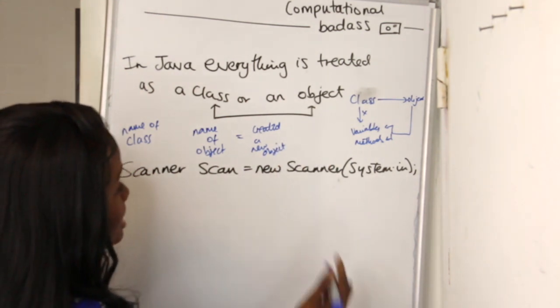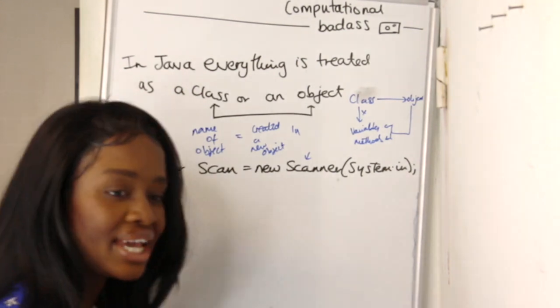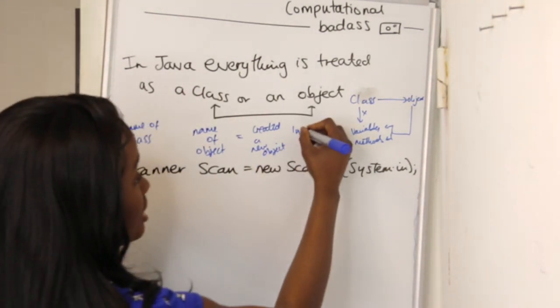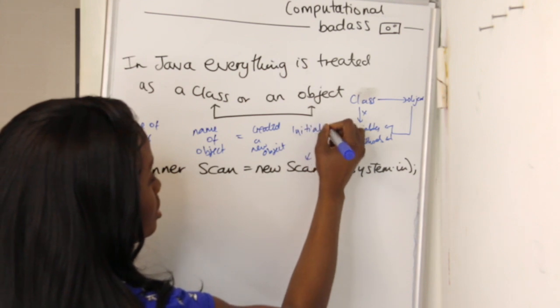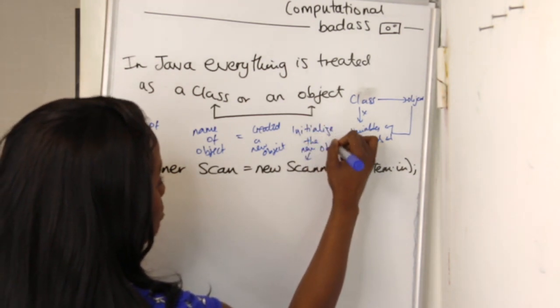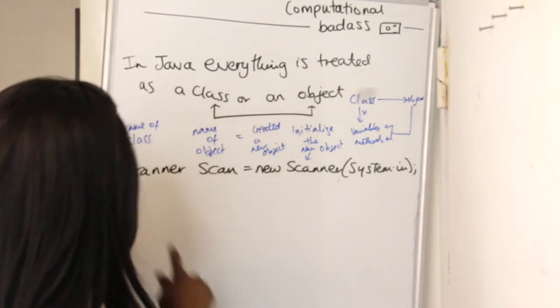And the Scanner, once again, is what we're initializing, which means like we've made a cake, we've put it in the oven. So putting it in the oven is to compound it. So we've initialized the new object. Okay. When we want to take an input from a user, we always use Scanner.